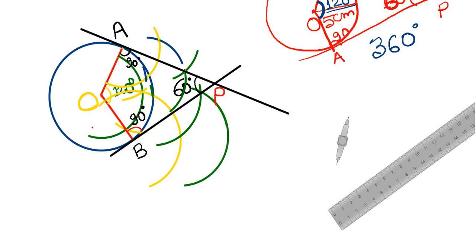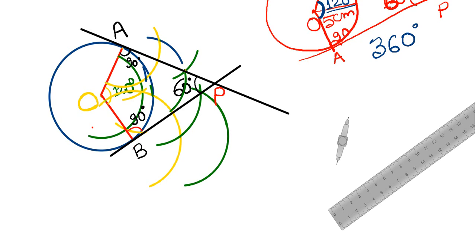So in this way, what have you done? You have done the construction of two tangents to the circle which are inclined with each other at an angle of 60 degree. Why will it be 60 degree? Because this angle is 120, this is 90 degree. We have just constructed this one angle 90 degree. This is also 90 degree.